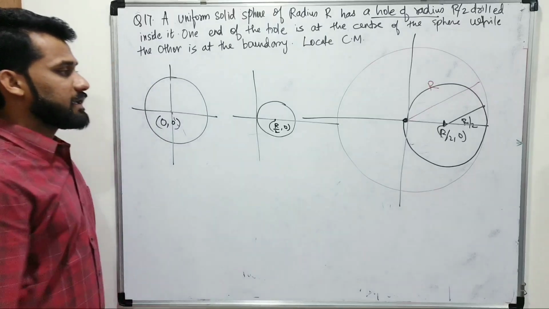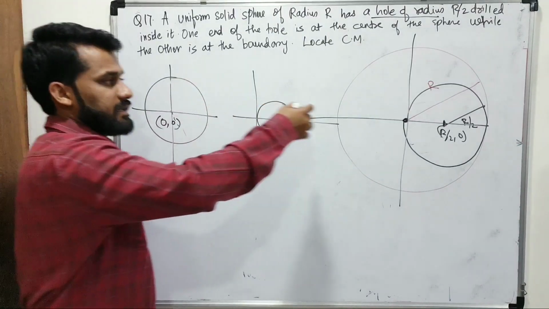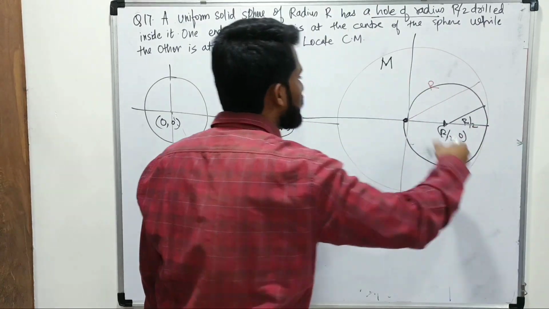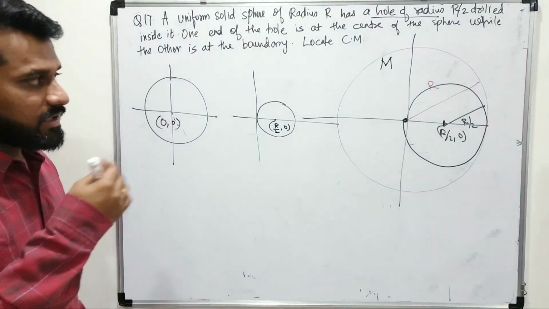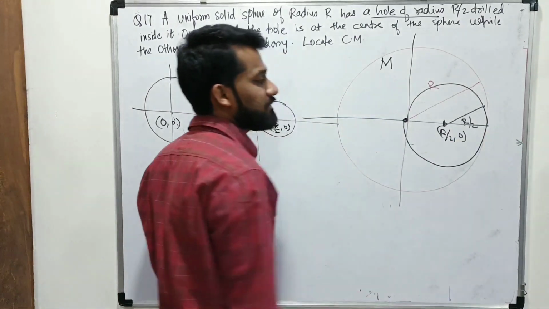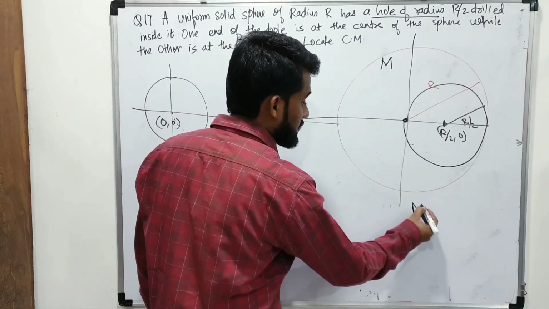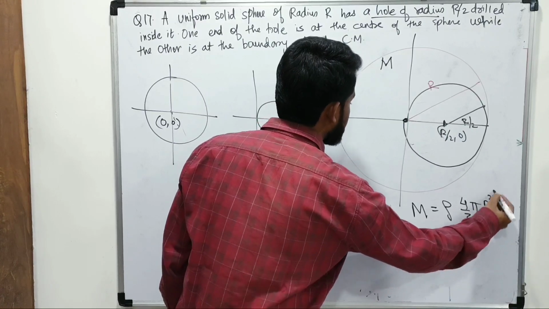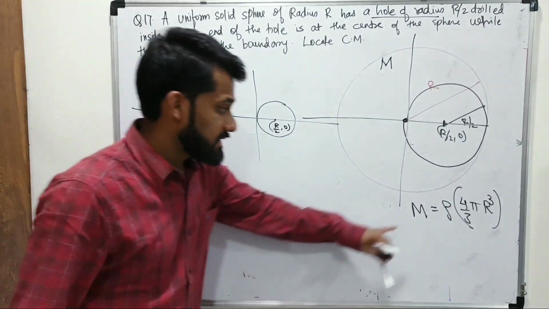So now in this particular question, if the mass of the whole sphere, this red sphere, is m, what will be the mass of the removed sphere? If the radius is half, will the mass also be half? No. Mass, density, volume, you know the relation. Mass is density into volume.